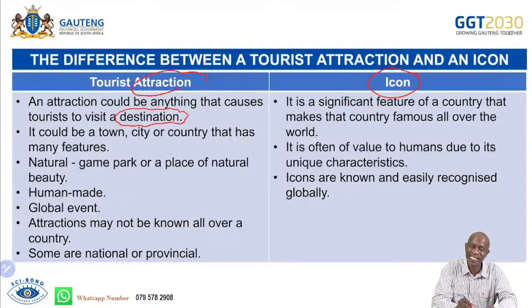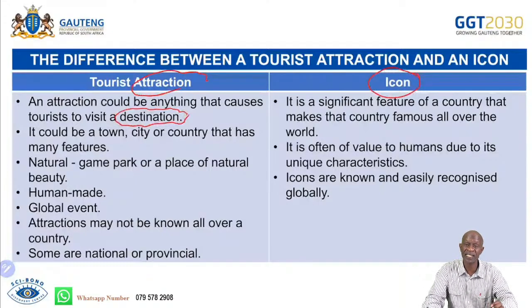And within that destination, which is Cape Town in the example that I've given, you will find different attractions. And your attractions will be Table Mountain, the V&A Waterfront, and Robben Island. Those are attractions found in your destination, which is Cape Town.